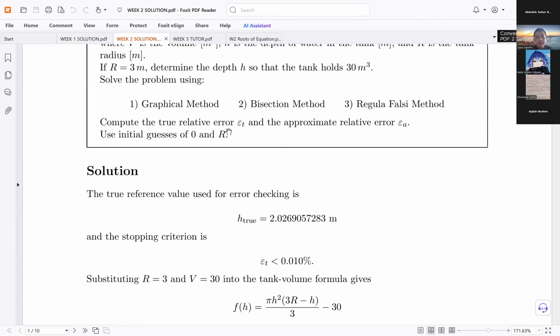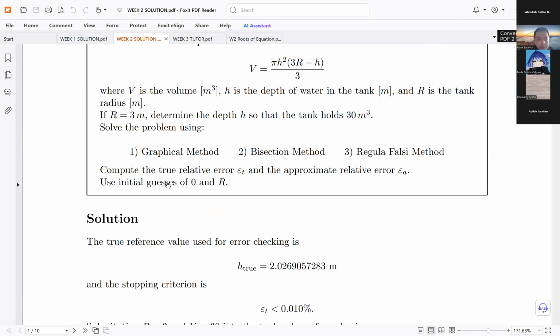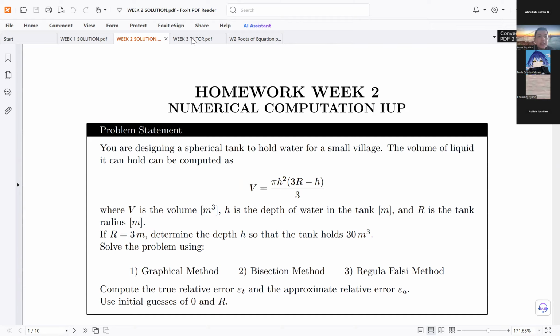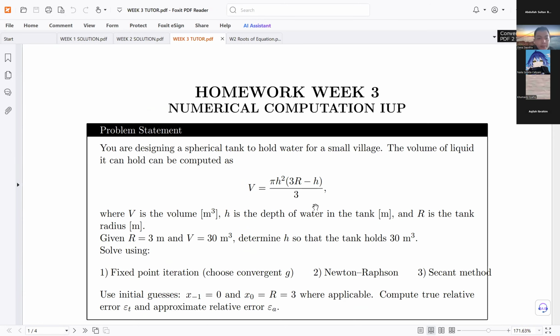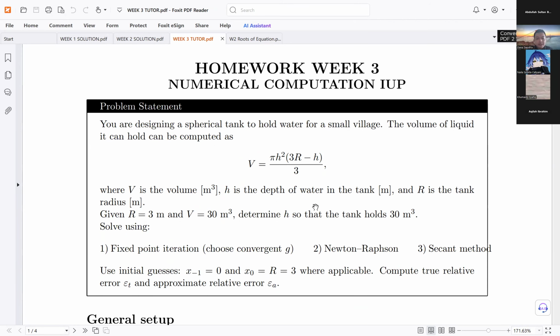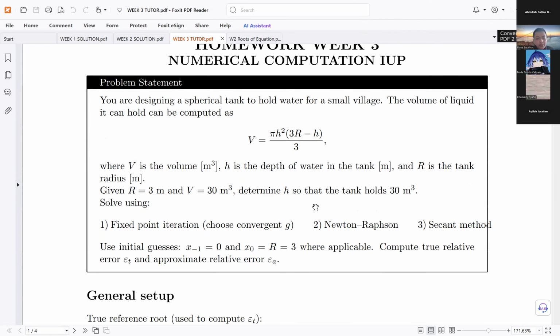Okay, I think it's done for the second week homework. Move on to the third week homework. I will not give you the answer because the deadline is still next week, but I will give you a clue. This is basically the same question, but we are using another method.